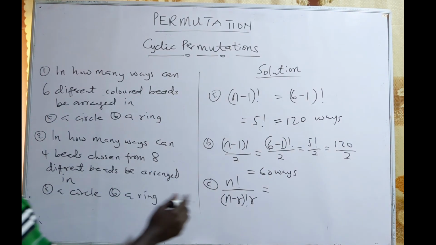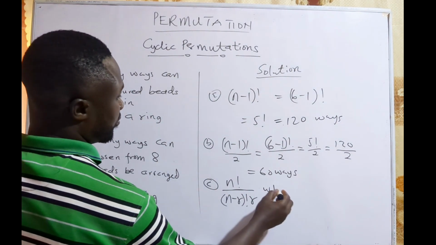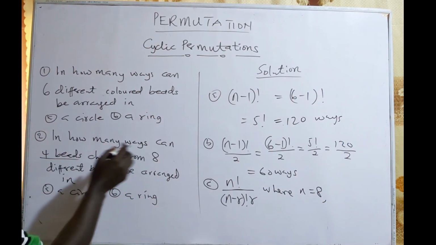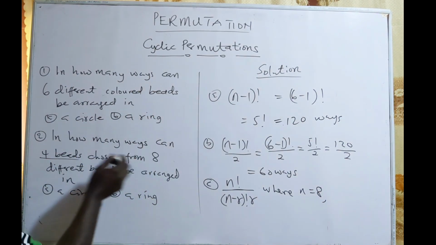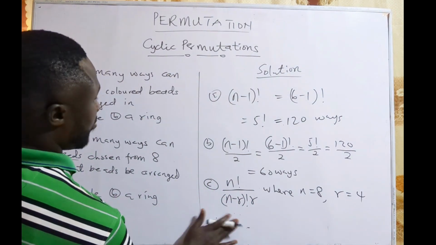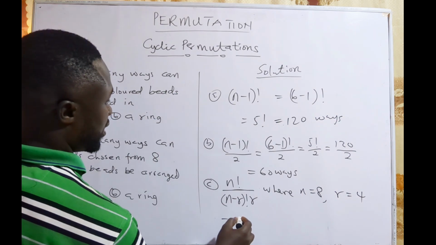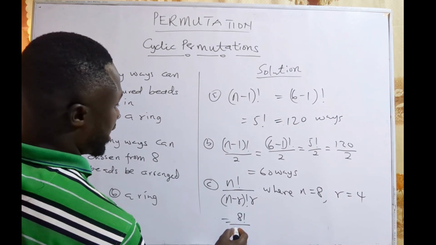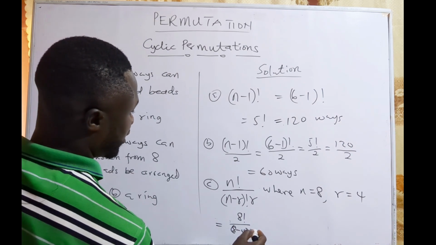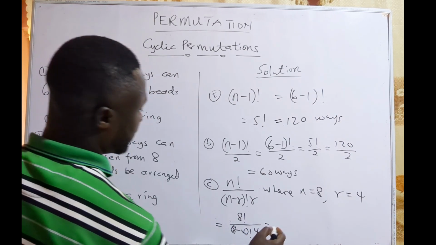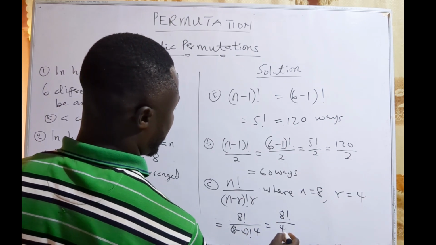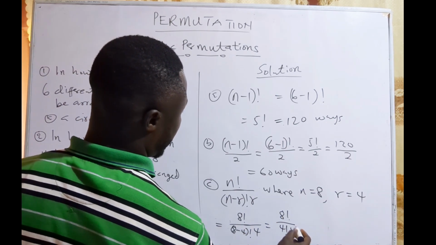My n is the 8, and the r is the number chosen from the 8, which is 4. It means I'm going to have 8 factorial divided by 8 minus 4 all factorial multiplied by 4.